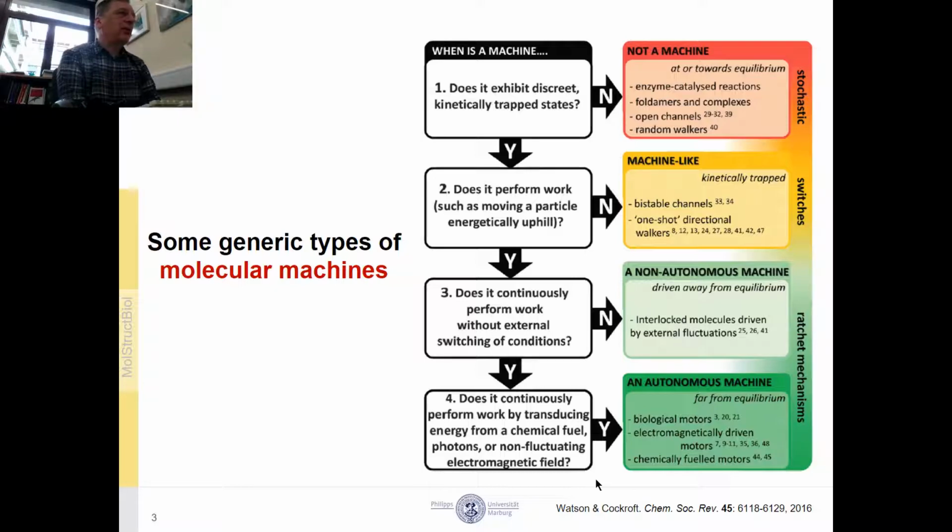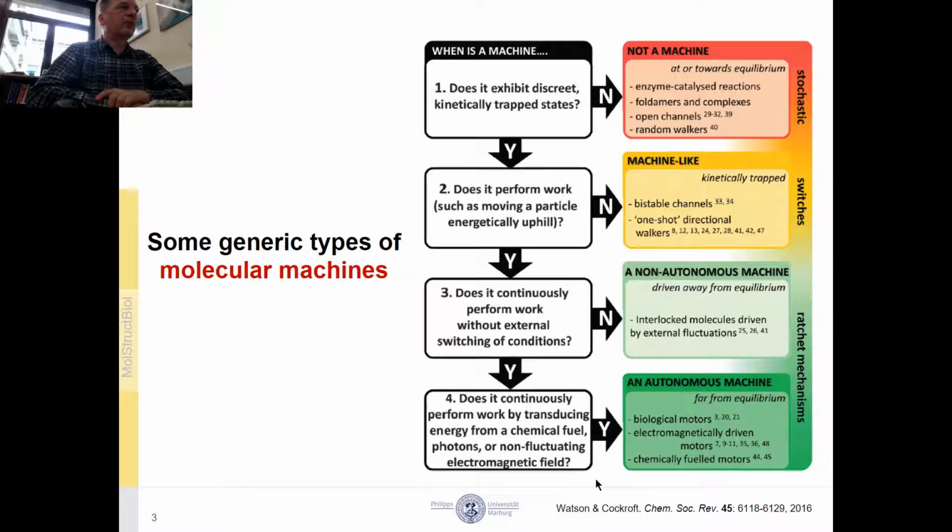Second question: does it perform work such as moving a particle energetically uphill? When the answer is no, it adopts different conformational states, kinetically trapped states. For example, you could argue that bacteriorhodopsin, this kind of light-driven ion pump, adopts discrete states.